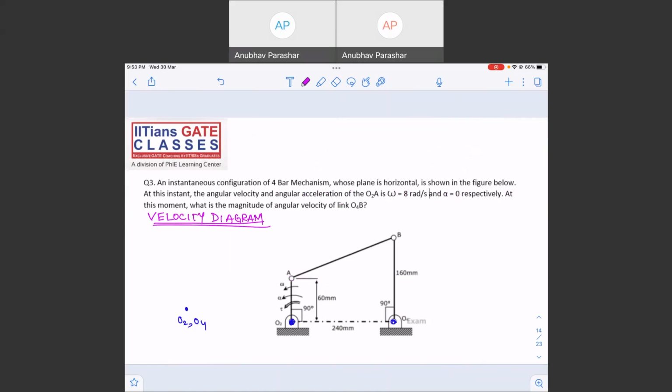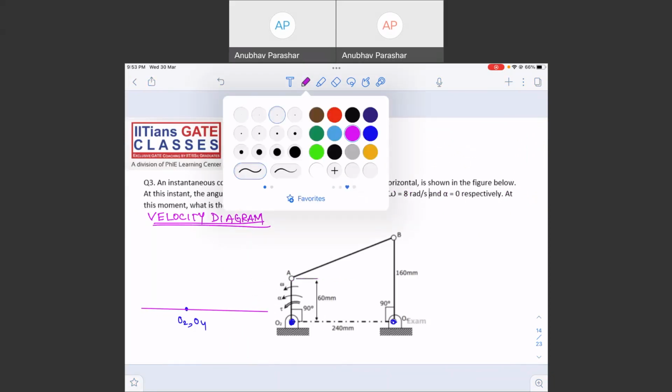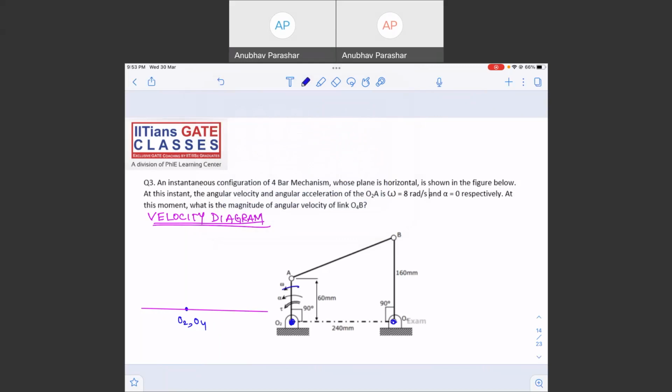Velocity of point A will be a line perpendicular to OA, along this line. Do we know the magnitude and direction? Yes, we know both. If omega is in this direction, as given, definitely VA will be somewhere in this direction.